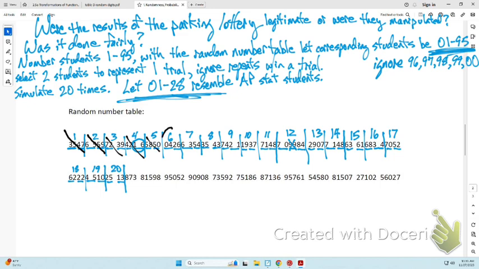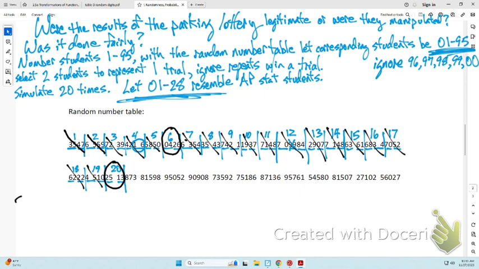And look right here. It happened on trial 6. We got 2 stat students. Not that one, not that one. Almost right there. Ooh, again.